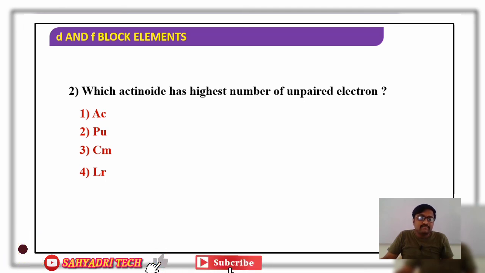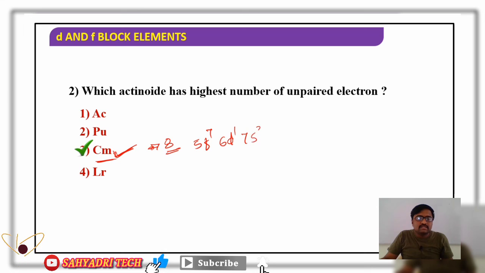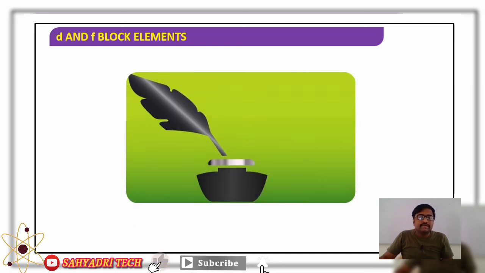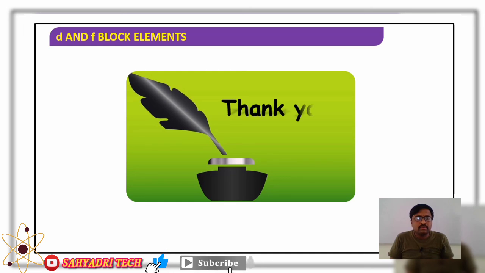The answer is curium, Cm. With 5f7, 6d1, 7s2, there are 8 unpaired electrons present. So the answer is curium.